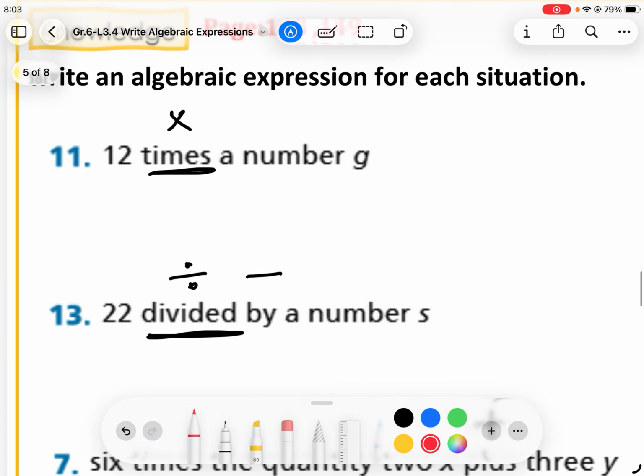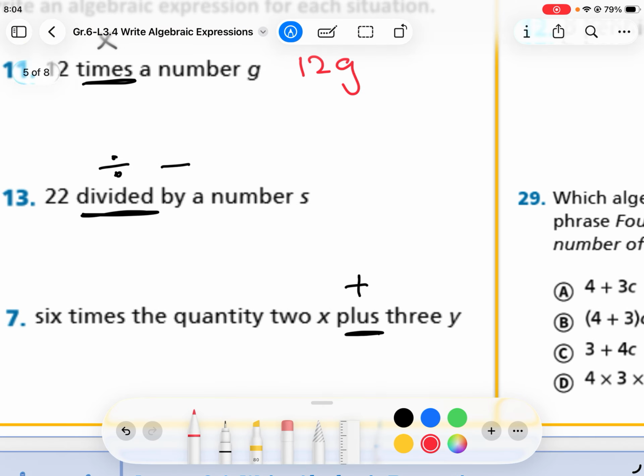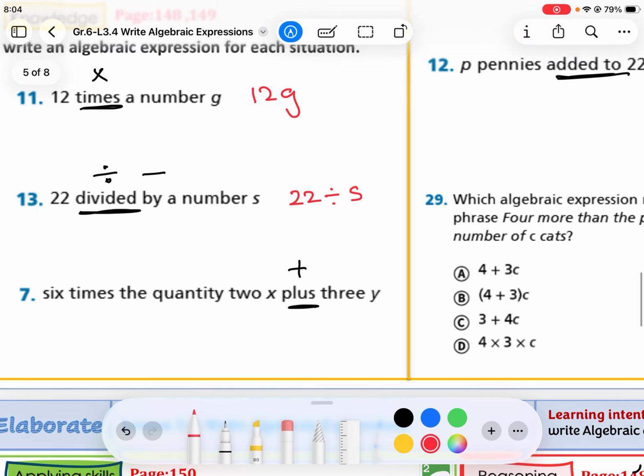So let's start here. 12 times the number G, that's 12G. 22 divided by a number S, so that's 22 divided by S. Here you have two in one: 6 times, we're going to open parentheses, the quantity 2 plus 3y.